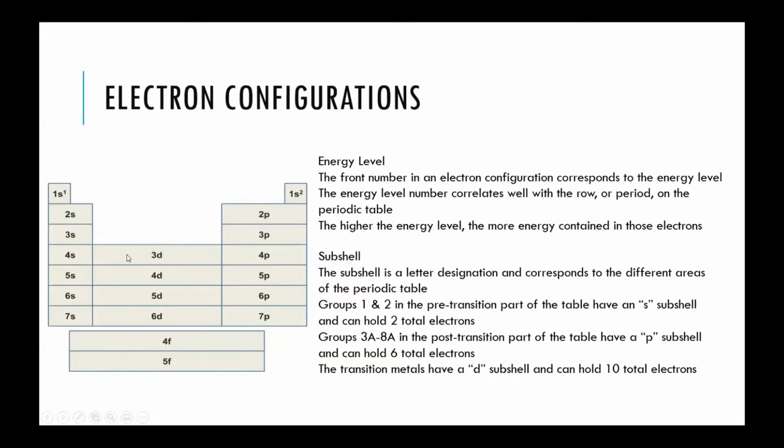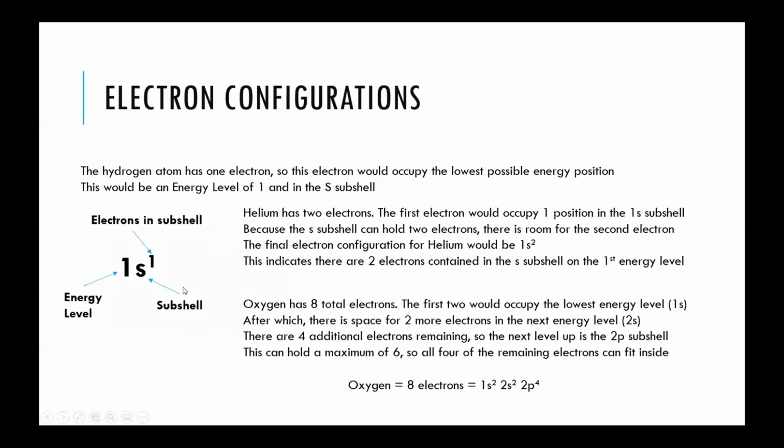There are 5 different orbitals within the d subshell, each holding 2 electrons, for a total of 10.